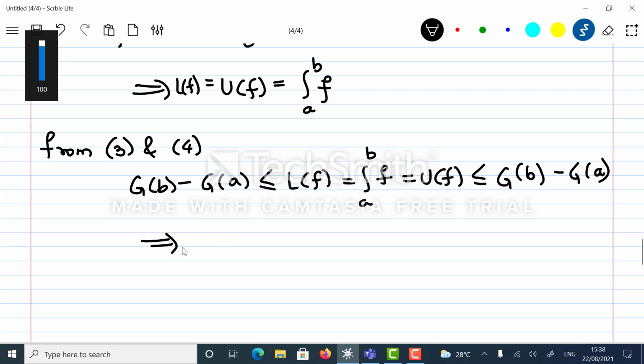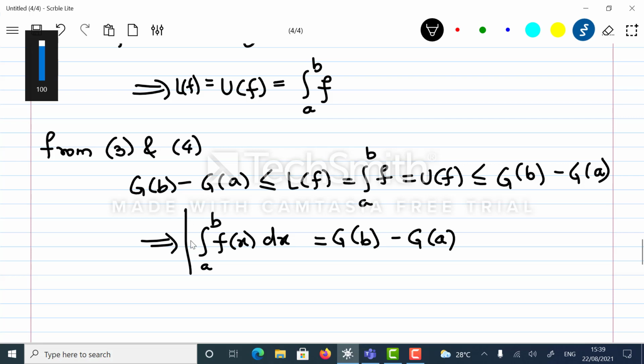So this would imply my integral a to b of f(x) dx is straight away g of b minus g of a. So this completes the second fundamental theorem of integral calculus.